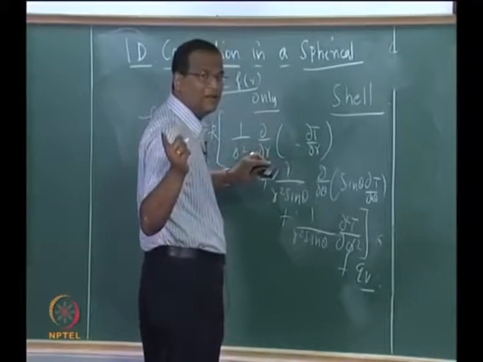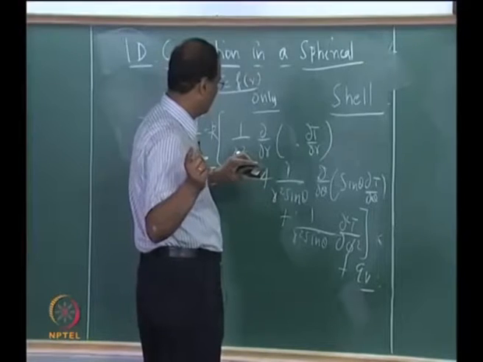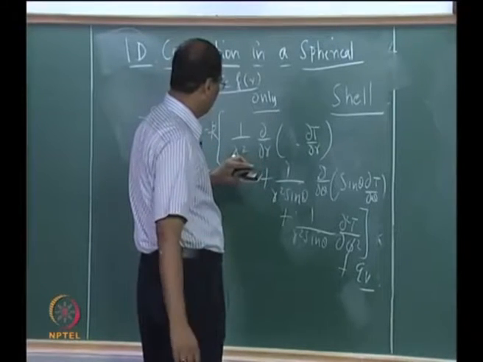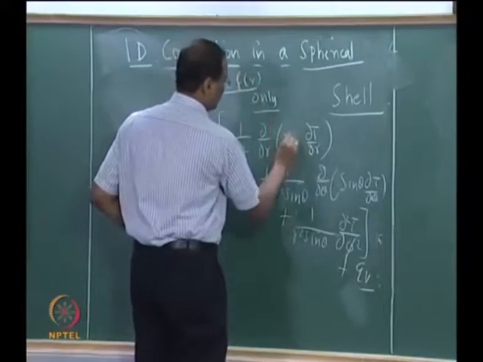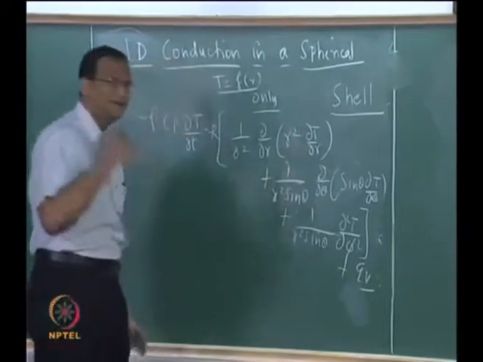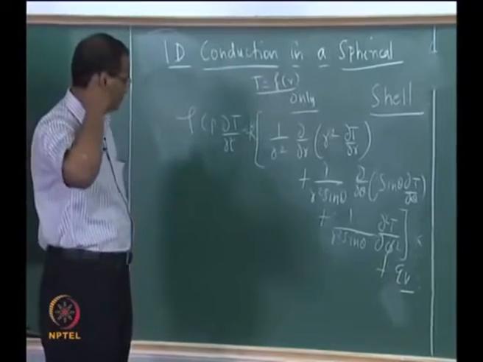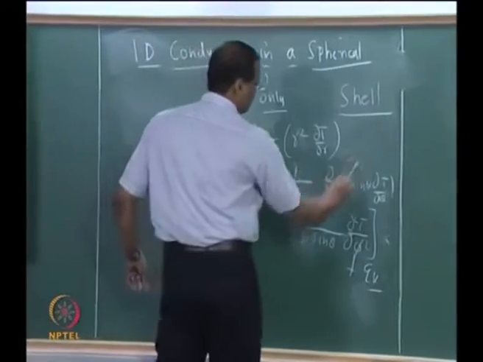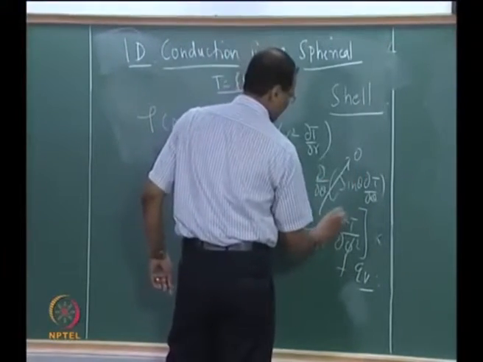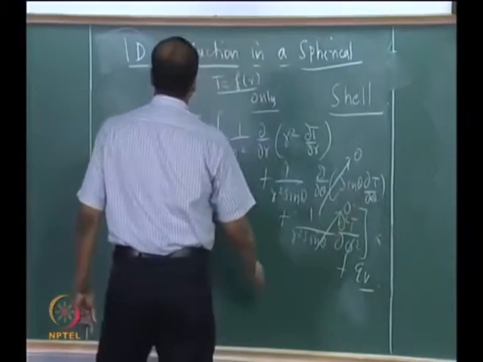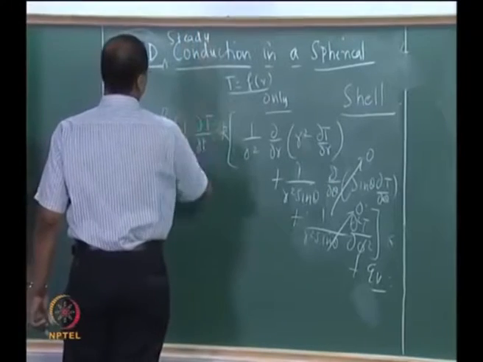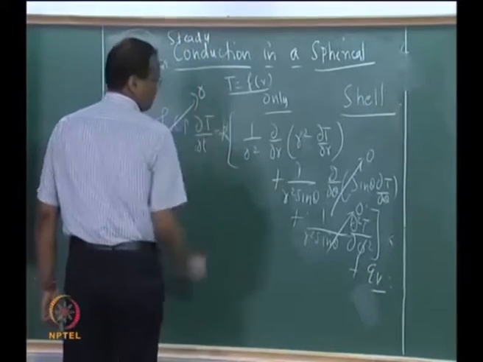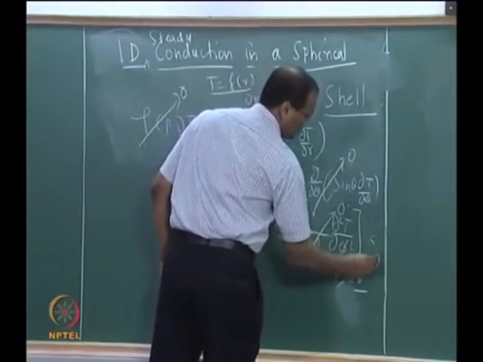What did we write? No, it is dou by dou r of r square dou T by dou r. K is here, it is correct. T is a function of r only, so this term gets knocked off. 1D steady conduction. And now I do not have QV.